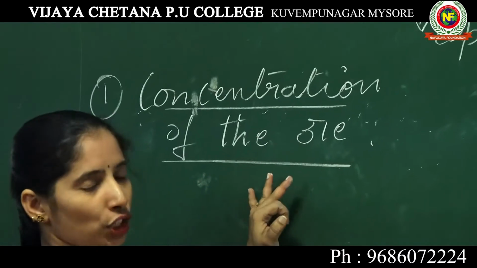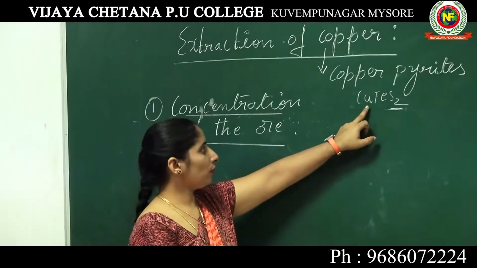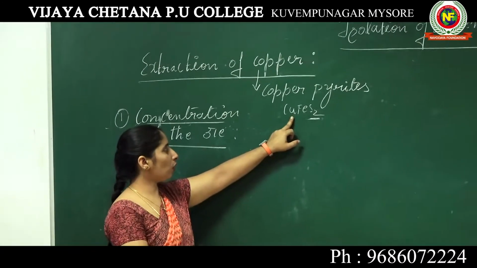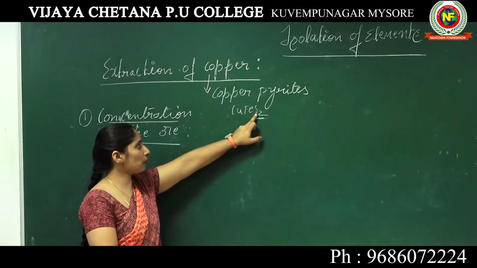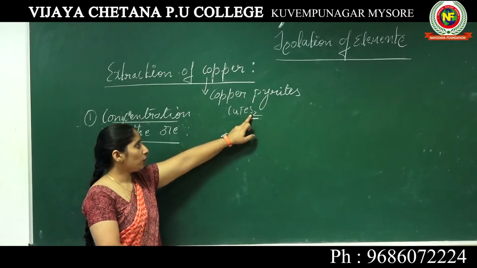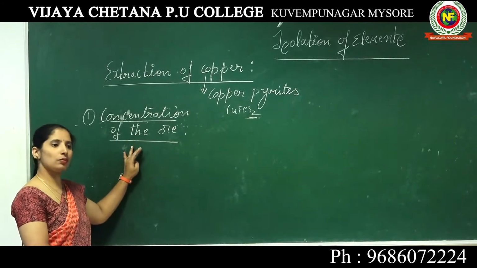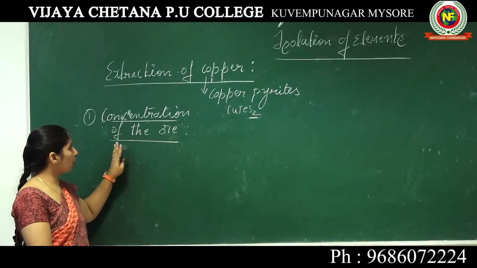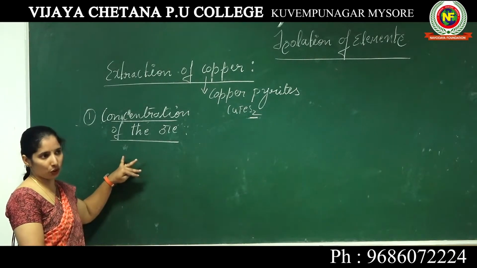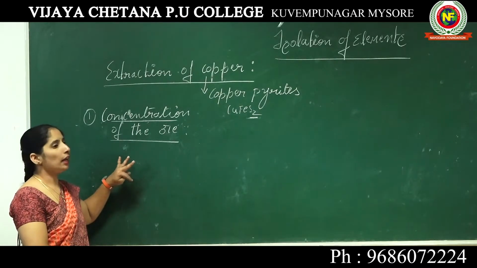As the ore is copper pyrites having the composition CuFeS2, with the presence of sulfide, there are many methods for concentration of the ore. In the previous classes we discussed hydraulic washing, magnetic separation, Froth flotation and leaching.